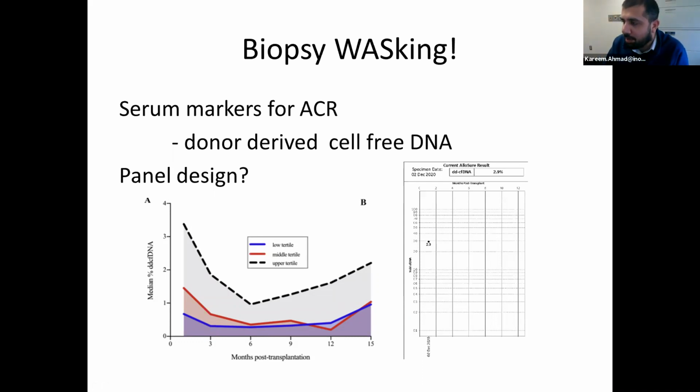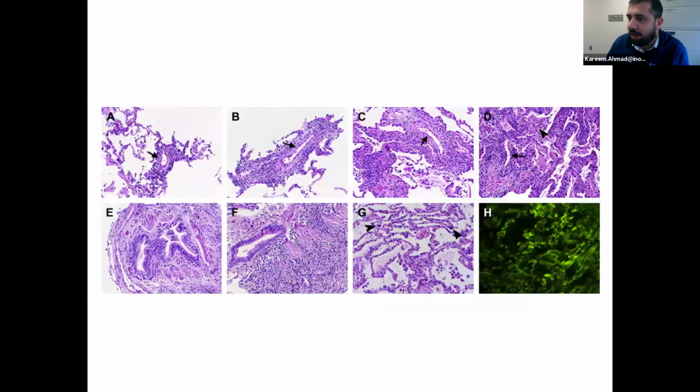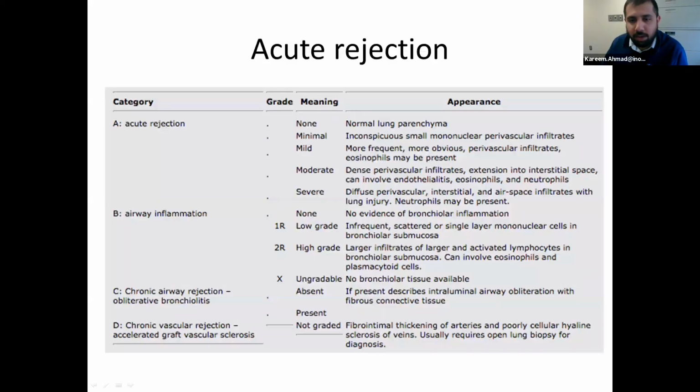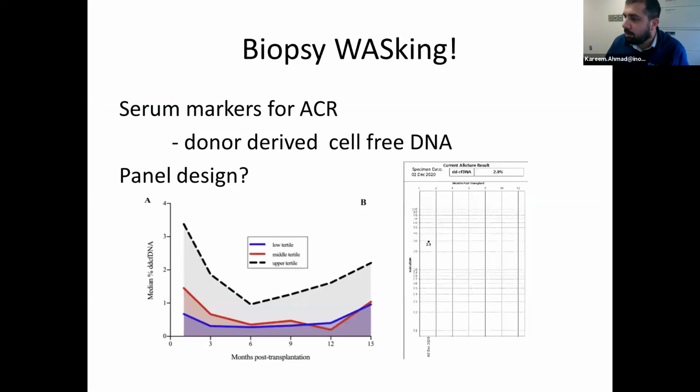Now, the caveat with this, and this is where the next question comes up, is do we need to design some sort of panel? Because you don't know what's causing the allograft dysfunction here. If I go back a few slides, we talked about acute rejection, acute infection, or other causes for acute lung allograft dysfunction. What is causing the cells to increase turnover, you don't know.